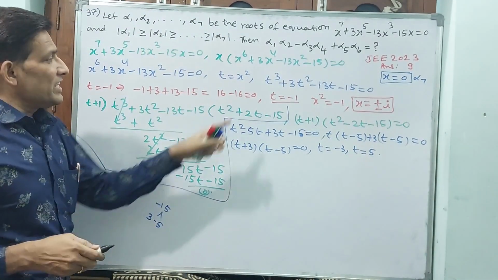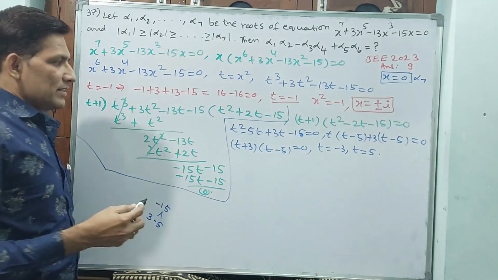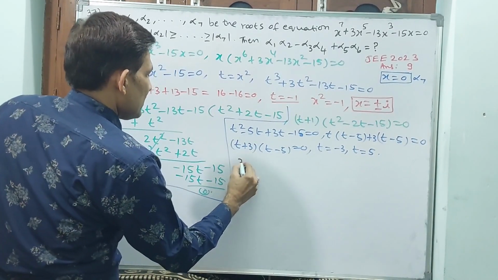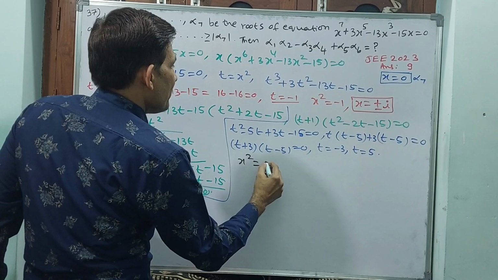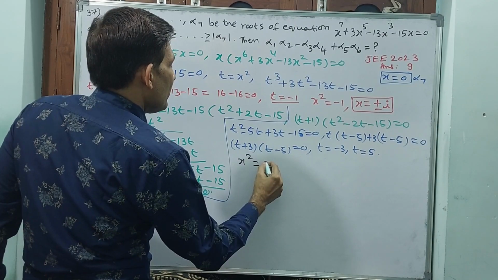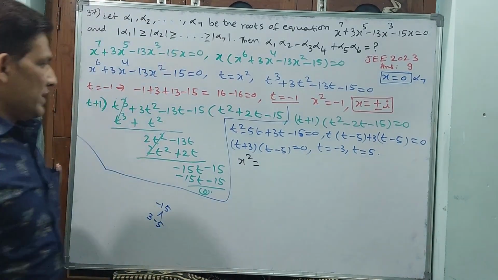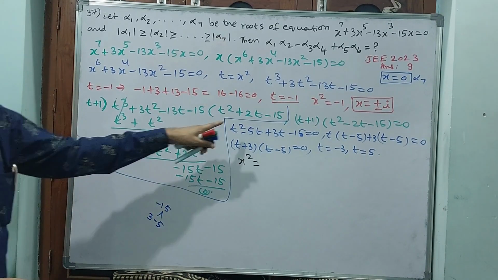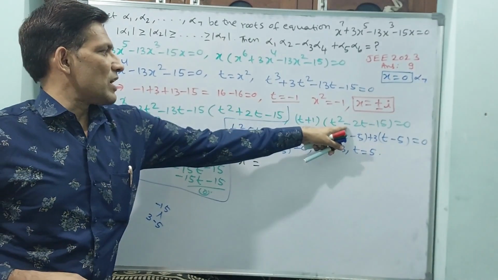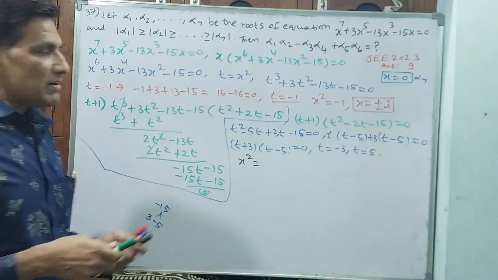Okay. What is t? X square. That means once again you write x square is equal to... wait a minute. Is it correct? Minus 15. Okay. See here, plus 2 is there, here minus 2 I have written. That is why I am getting confusion.